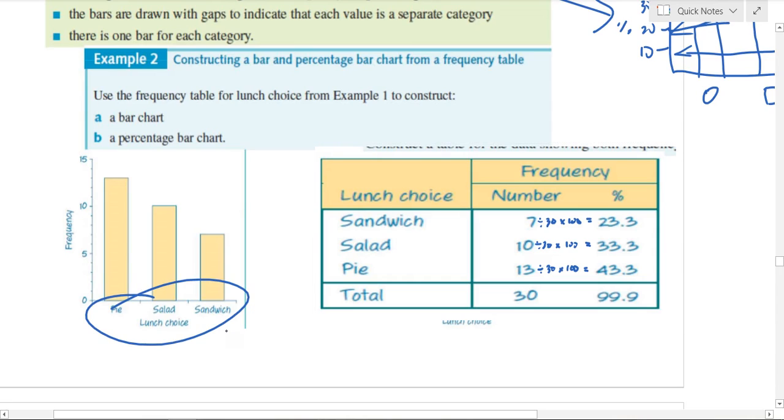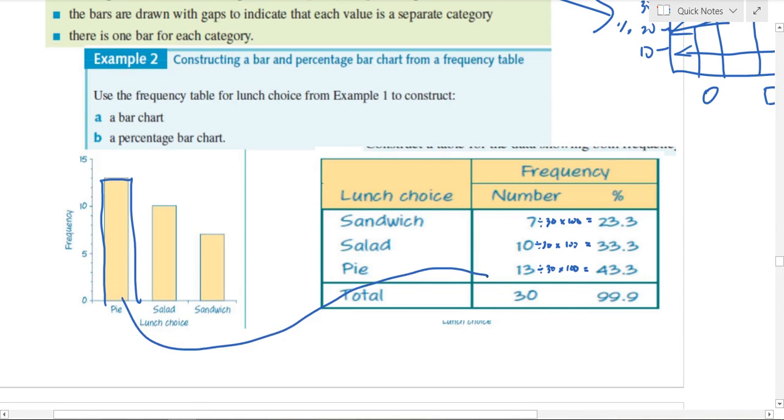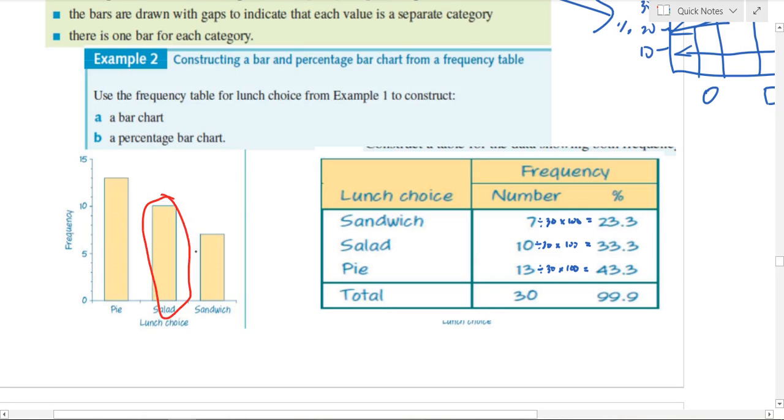On the y-axis, you've got the variables, and you've got the bars that correspond to how much. So for pie, you can see pie had 13, so pie is up to 13 here. Salad had 10, right there you can see for the frequency, 10. That means it goes up to 10 here. And for sandwich, you've got 7, so the bar will go up to 7 for sandwich.